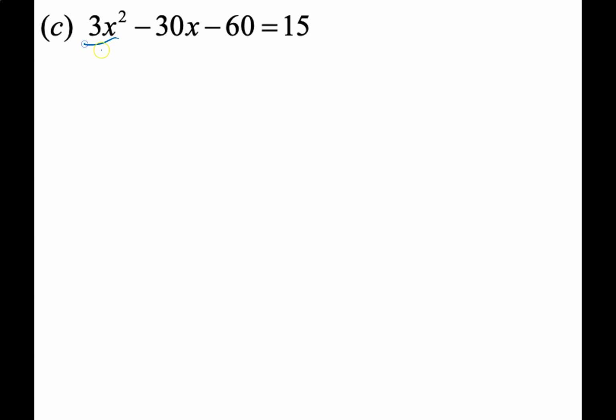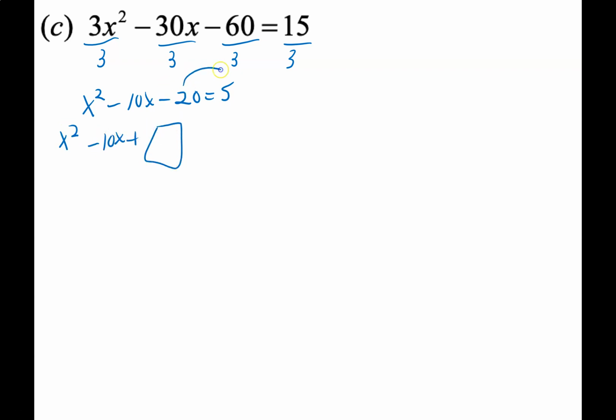I can tell you that each and every term in this mess is divisible by 3, so that is precisely what I'm going to do. Then from here, I'm going to have my x squared minus 10x plus something. Tell the negative 25 to take a hike, or the negative 20 to take a hike.